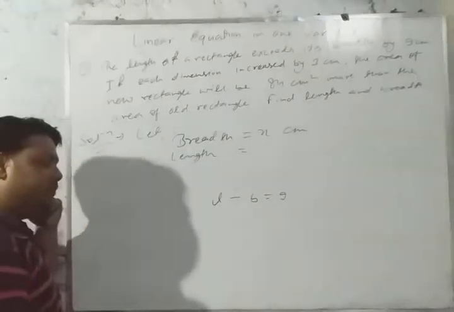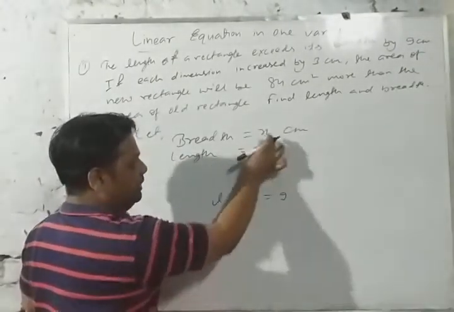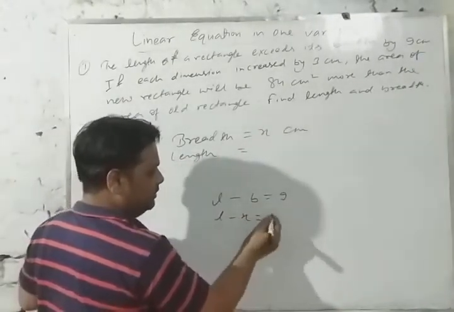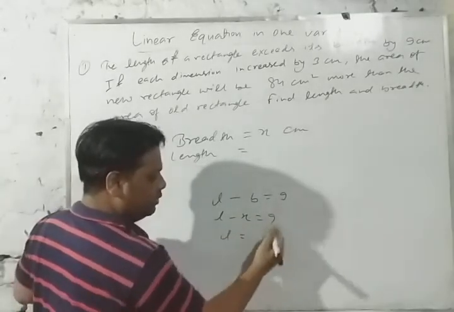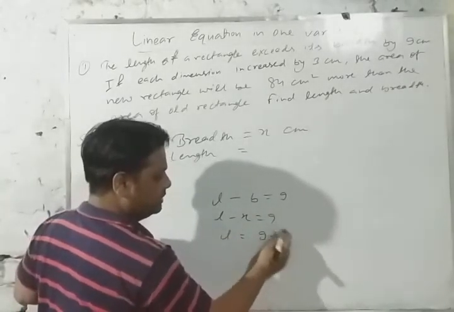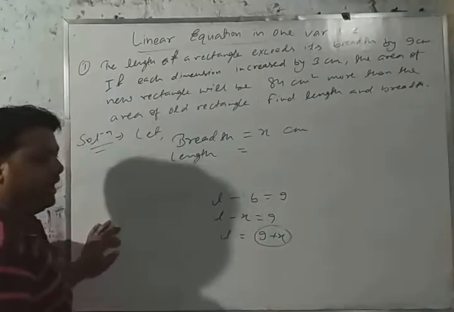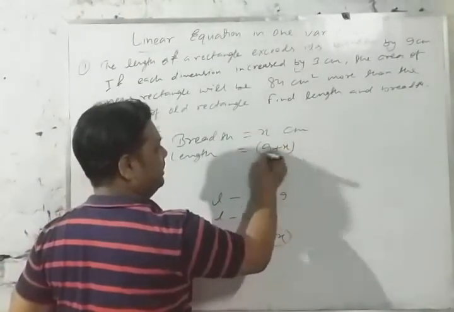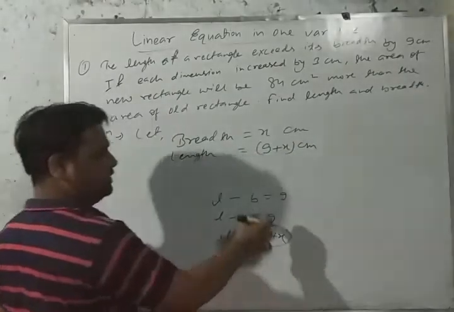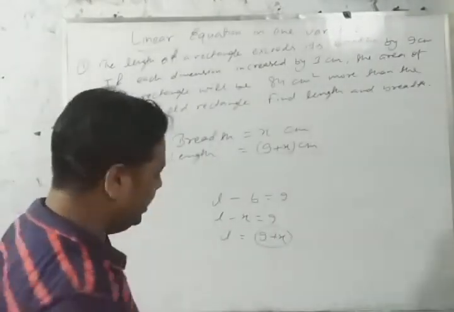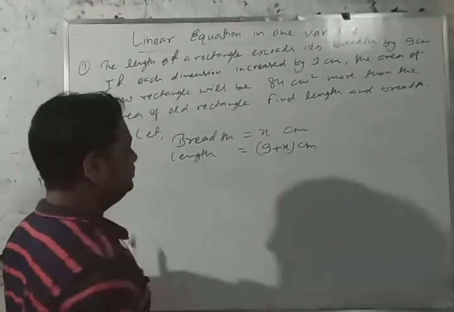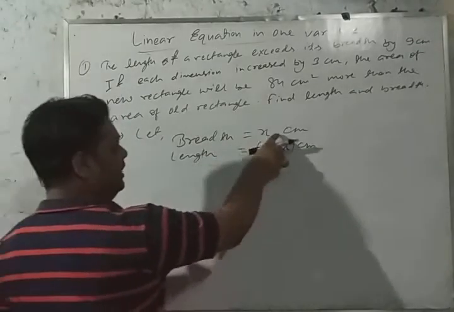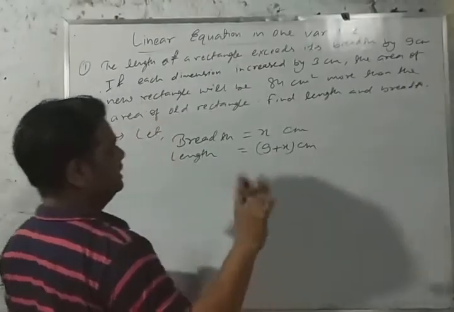If breadth is x, then length will be 9 plus x. So we write here, length is equal to 9 plus x centimeter. Now, breadth will be x and length will be 9 plus x centimeter.